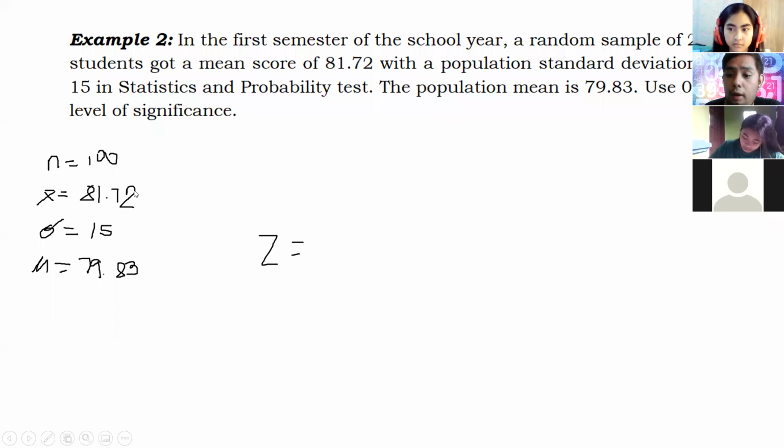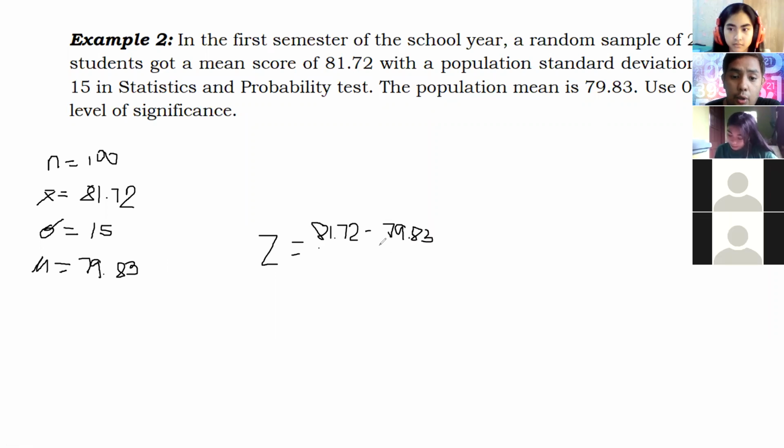So, mauuna muna ang sample mean. Sample mean is 81.72. So, that's 81.72 minus the population mean, which is 79.83, all over the standard deviation of 15 over the square root of 200. Sorry, this is 200.